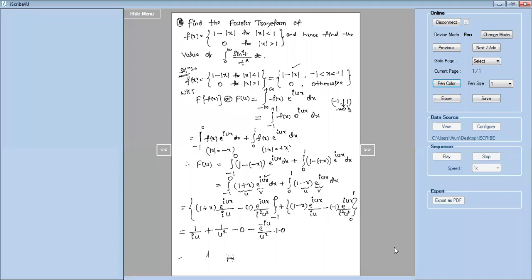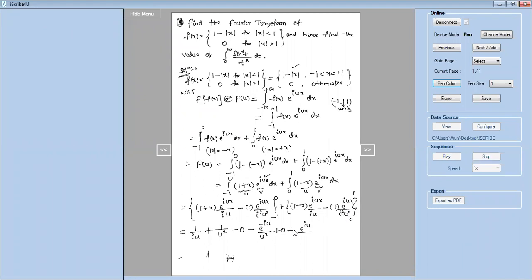Okay, so upper limit, when I put x is equal to 1, it is 0. Now put x is equal to 1 here. See, this minus into minus is plus, plus into outside plus is plus. This term was plus, x is 1 means 1 into e power iu, it is e power iu divided by, see here you get i square u square, but i square is minus 1.